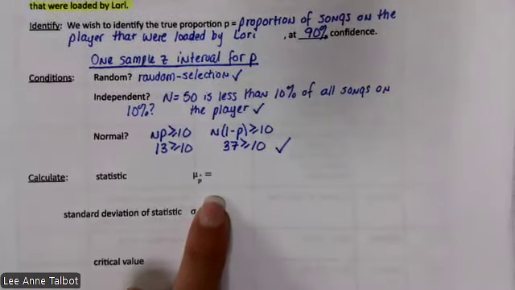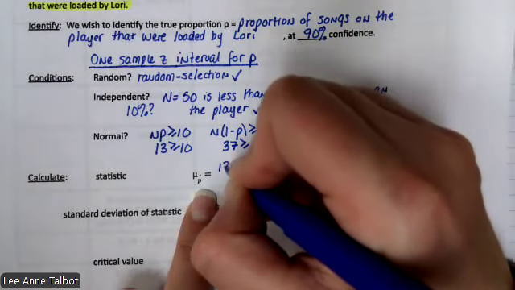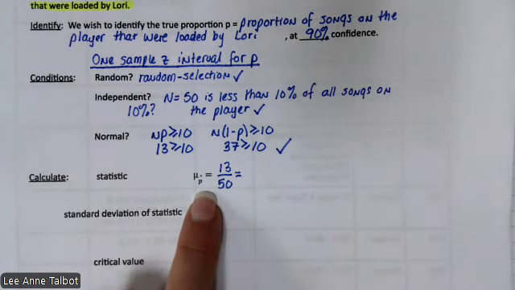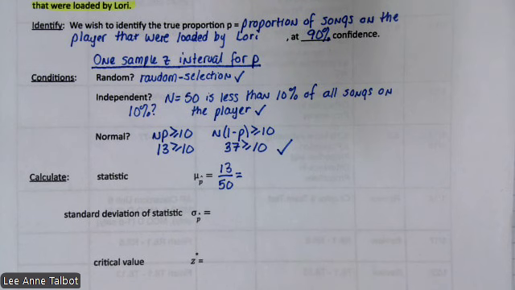Calculate. The statistic is 13 out of 50, so these are the ones that were selected by Lori, which is 0.26.